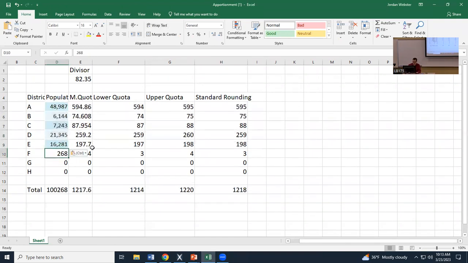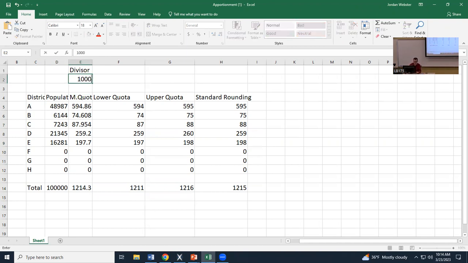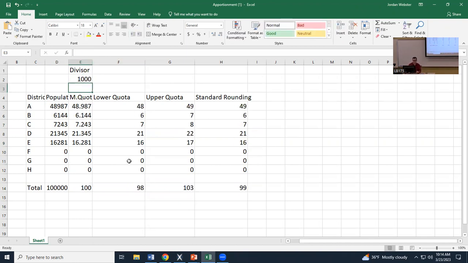The standard divisor, like I said, starts at 1,000. 1,000 doesn't get me enough representatives with the lower quotas.